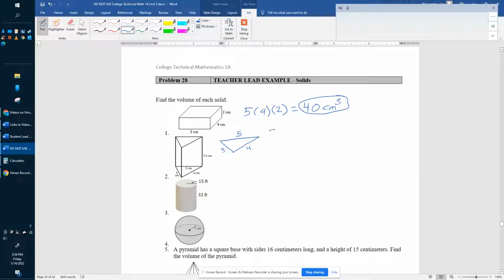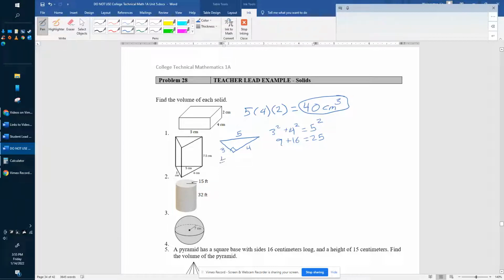So let's see. 3 squared plus 4 squared equal 5 squared. Does 9 plus 16 equal 25? Yes, it does. So this is a right triangle. The right angle is always opposite the longest side. So the base is 3, the height is 4 of this triangle.